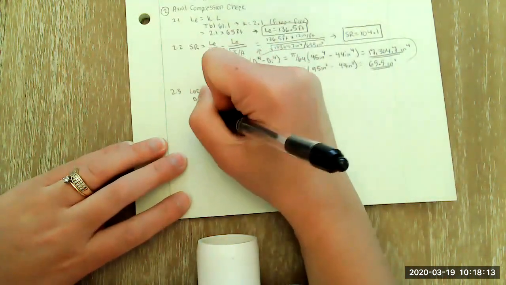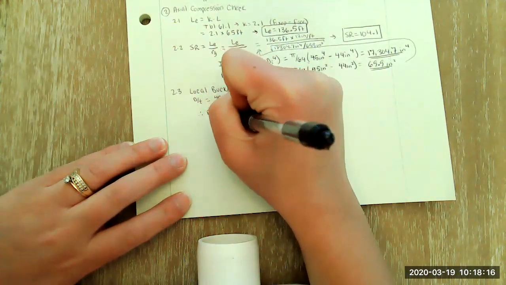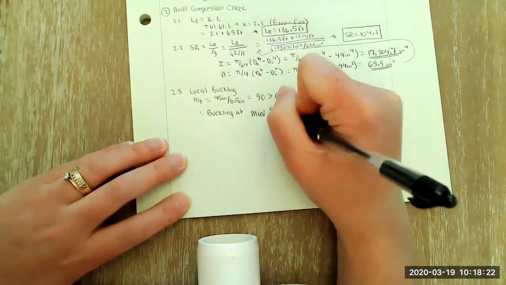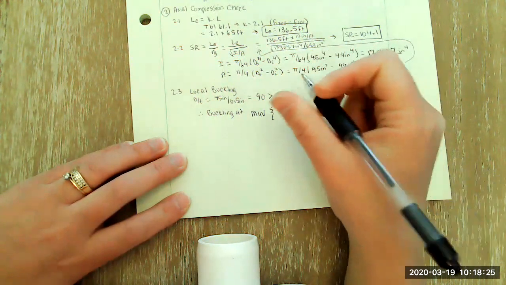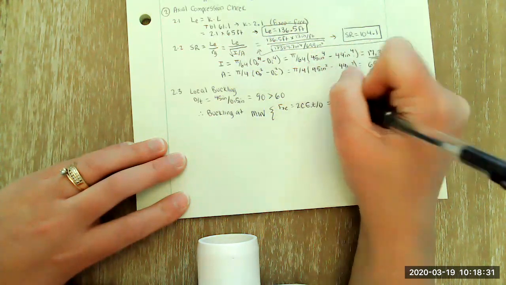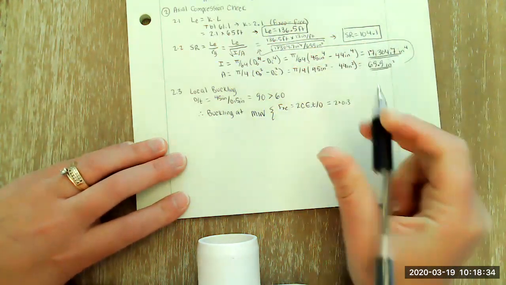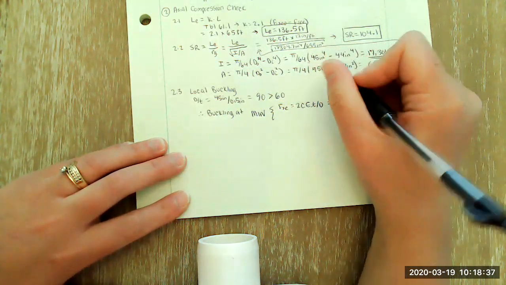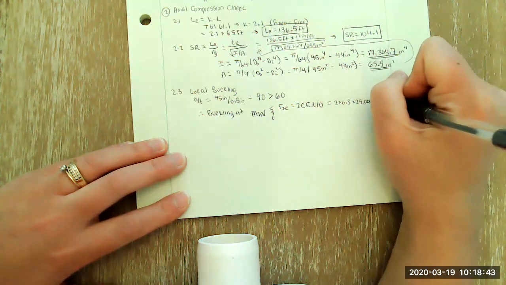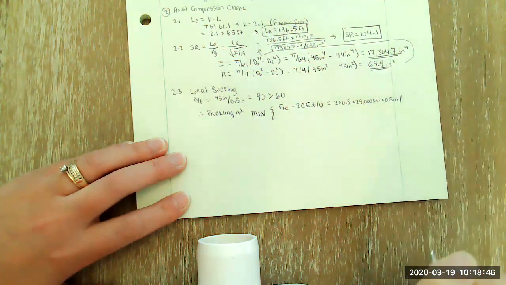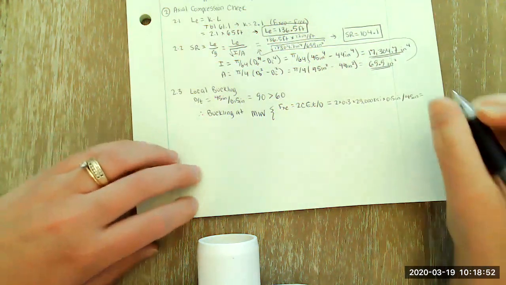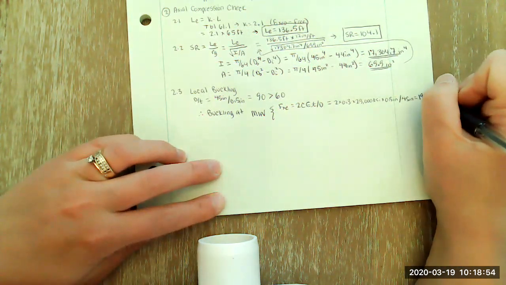So therefore, I have buckling at the minimum of F sub XE, my elastic local buckling, equals 2C times E times T over D, which is equal to 2 times 0.3, a coefficient that will always be 0.3 for steel, times 29,000 KSI, times my thickness of 0.5 inches, divided by my diameter of 45 inches, which is equal to 193 KSI.